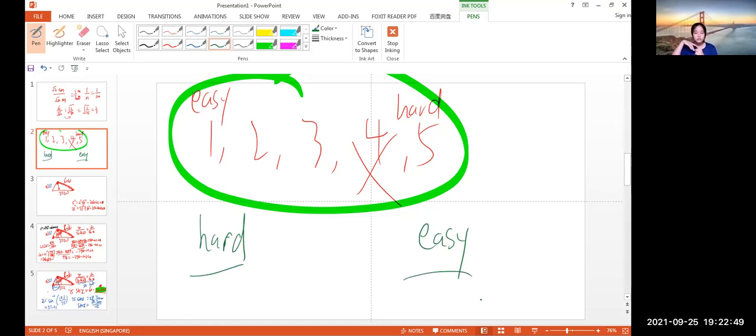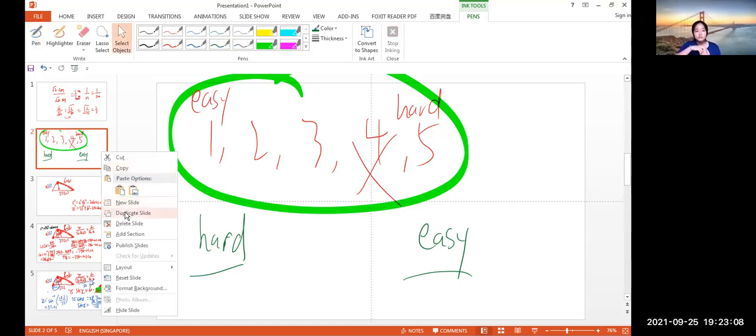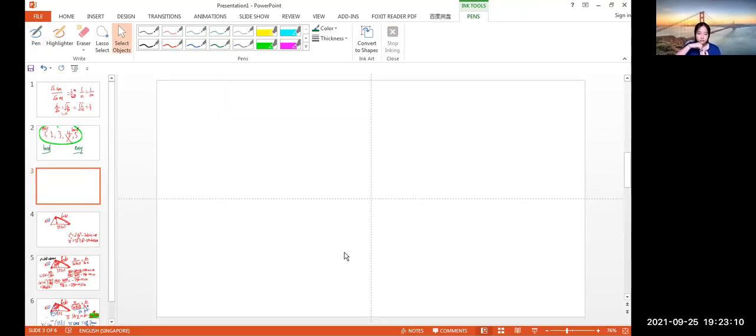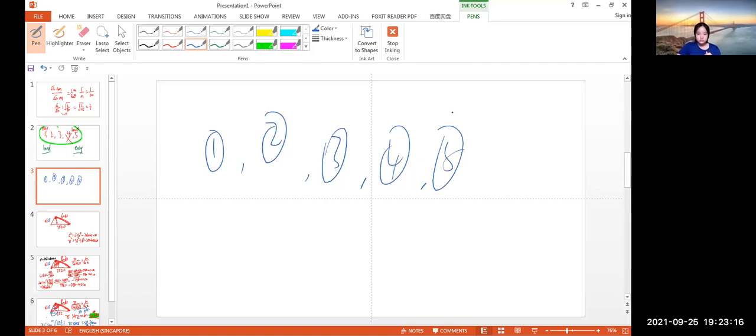In fact, when you receive the paper, you can choose to look at the entire paper first, and then choose to do the one that you think is easy. Let's say you receive the paper, and they have questions 1, 2, 3, 4, 5 in pages.